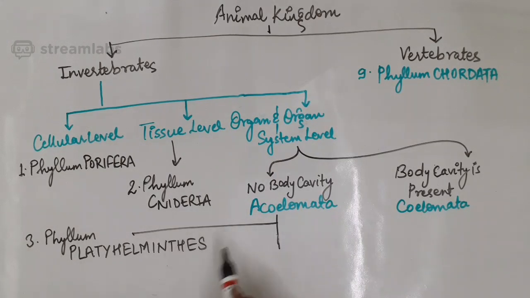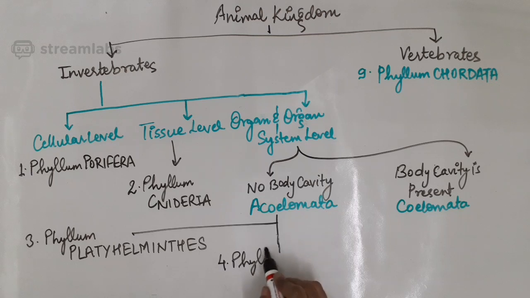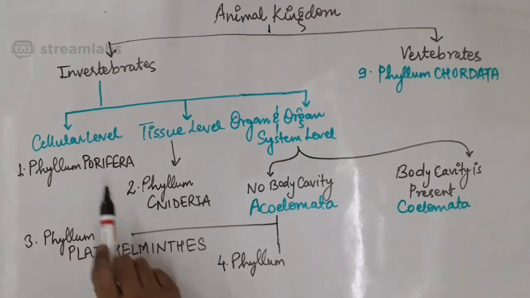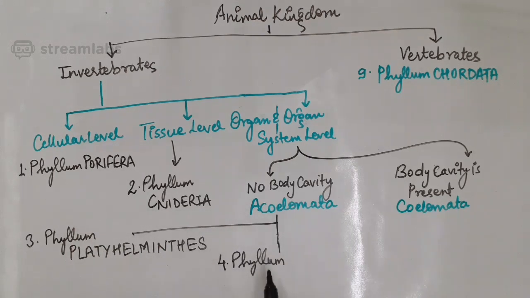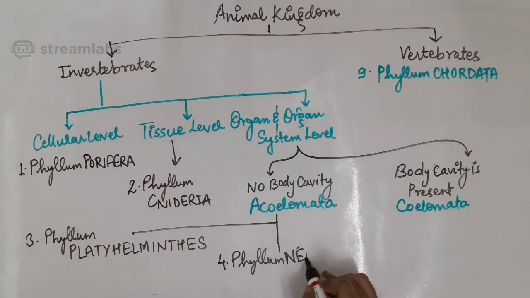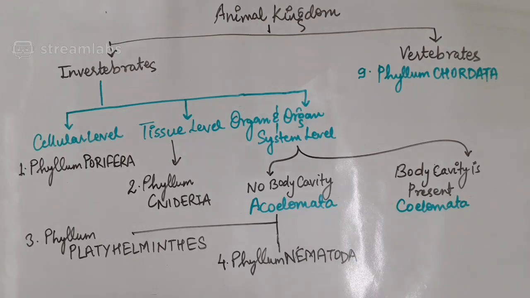Next is the fourth phylum, that is Aschelminthes Nematoda, phylum Nematoda. Now these four are done.